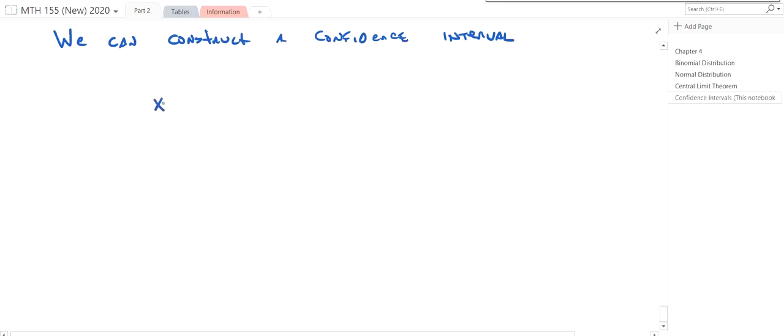We're going to have the sample mean minus, instead of z though, it's going to be t alpha over 2, but it's going to act in the same way. It's just going to be a different number. S over square root of n is less than mu is less than x bar plus t sub alpha over 2 s over square root of n.